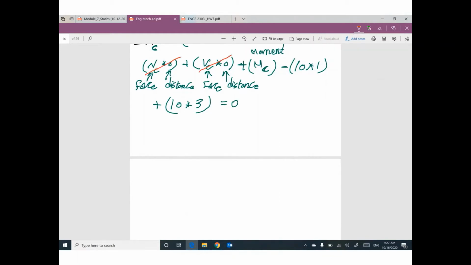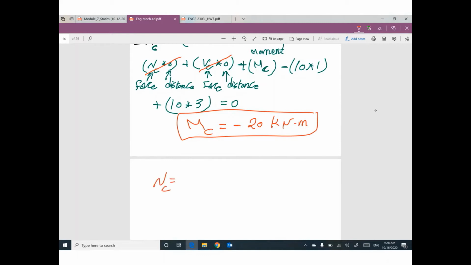The only unknown in this equation is MC. Your value of MC will be negative. I don't care, positive or negative. 20 kilonewton meter. So at the end of the problem, normal at point C is 0. Shear at point C is 0. Moment at point C is negative 20. You are done.